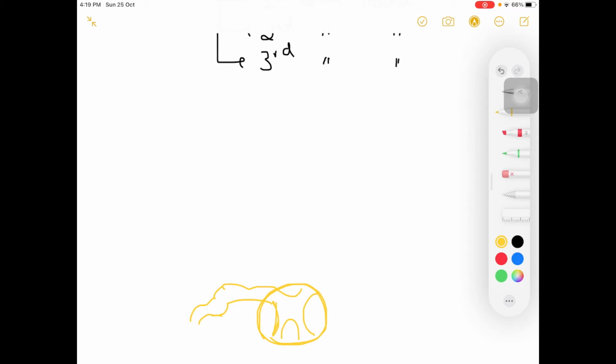Now spinal cord. Then above, let us make medulla. Then let's skip pons for a while and then straight away let us show cortex.